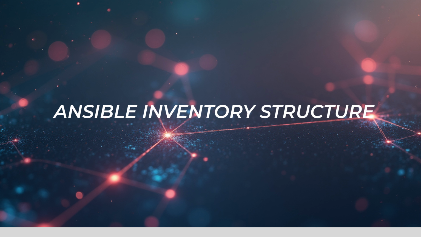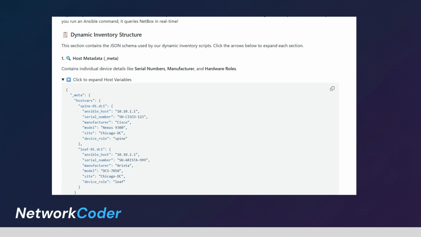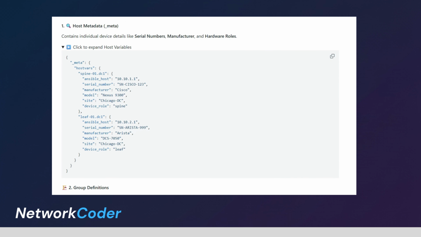Now let me break down how Ansible structures this inventory, and this will make more sense when you see the actual output. When you run the ansible-inventory --list command, you get a JSON with two main parts. First is _meta with the hostvars. This contains all per-device variables, things like ansible_host, which is the IP address, ansible_network_os for the operating system, and any other data pulled from NetBox, like serial numbers, device roles, sites, and manufacturers.